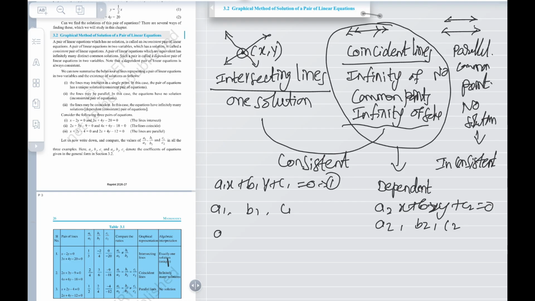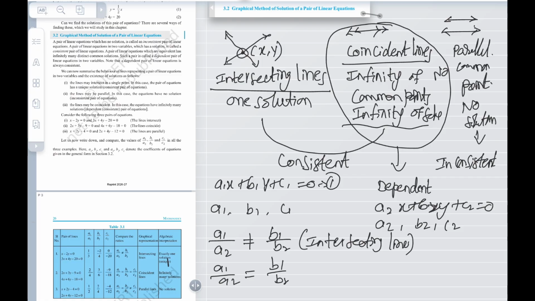If a1 by a2 is not equal to b1 by b2, they form intersecting lines. If a1 by a2 equals b1 by b2 but it is not equal to c1 by c2, then those lines are parallel.